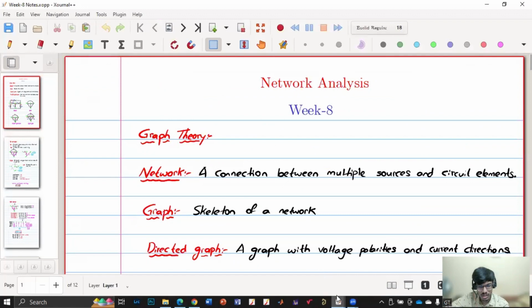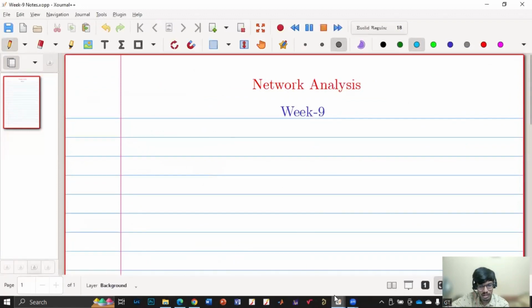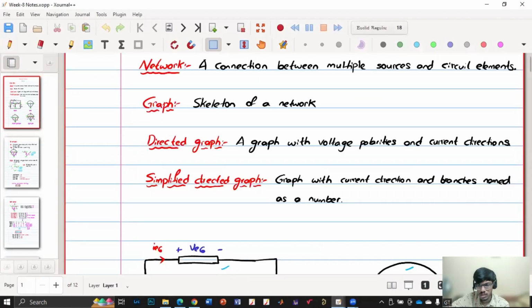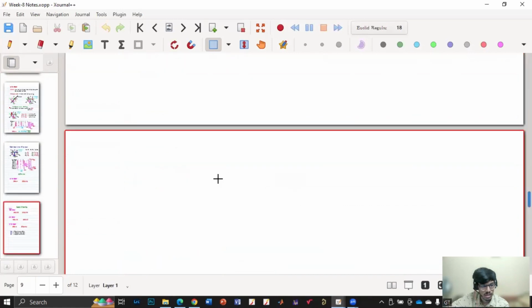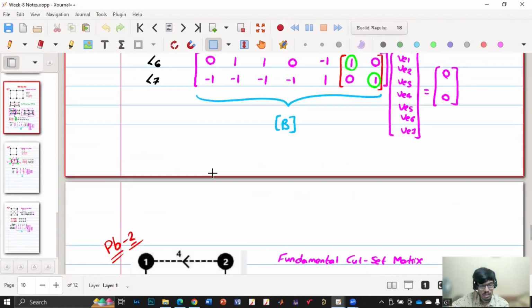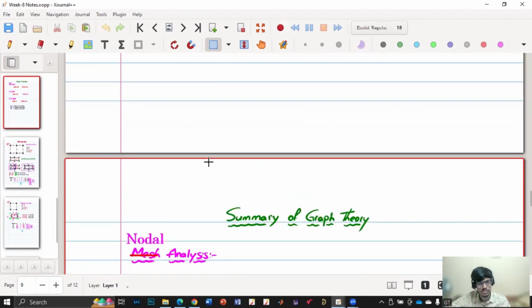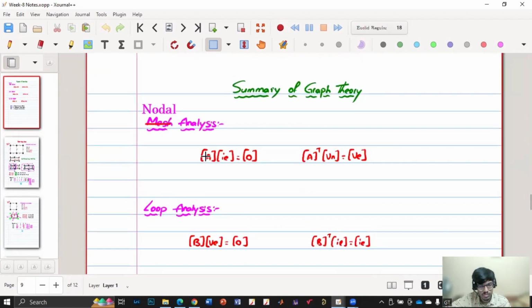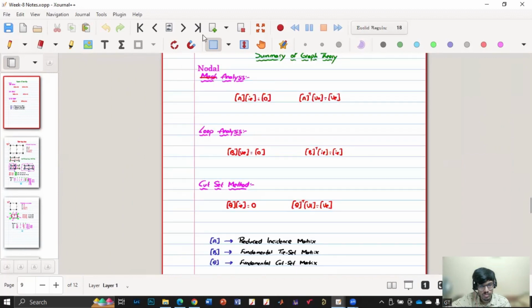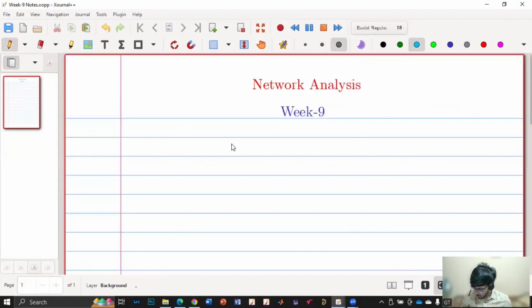Today's session is week 9. First, let me copy paste the slides that I need. Today, the first part, we will be discussing graph theory only. Then we'll move to dependent sources.